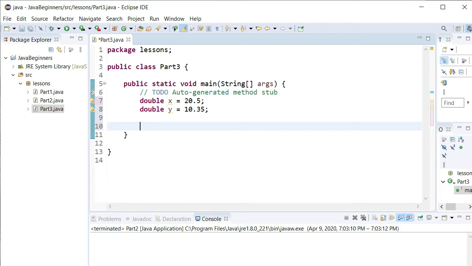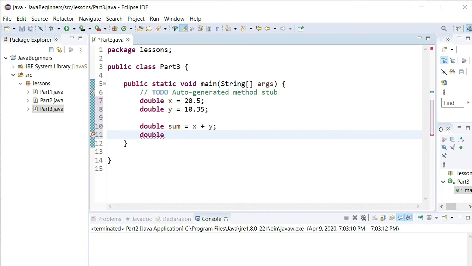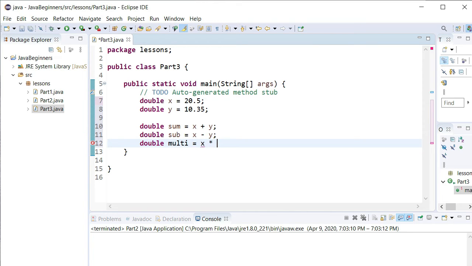Let's do that. Double sum equals x plus y. Double subtraction equals x minus y. Double multiplication equals x multiplied by y.